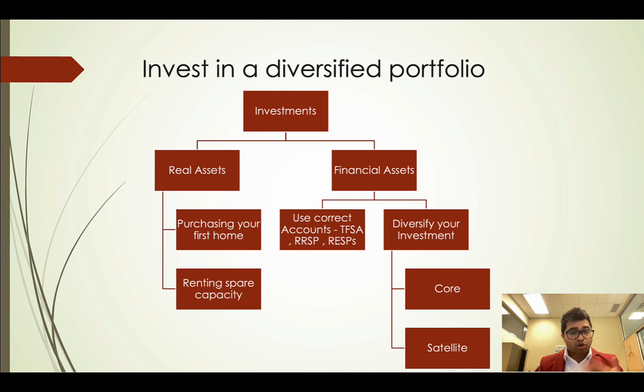You can make withdrawals from it, and it doesn't impact your income at all, right? So there are a lot of advantages to using the correct account. We have covered videos about TFSA, RRSP, RESP in some previous videos, so watch those videos if you haven't done it.